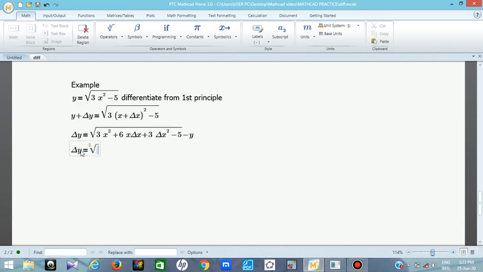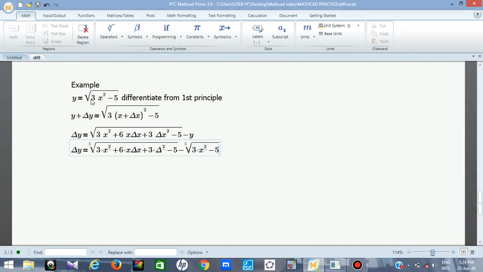In our next step, delta y will be equal to the square root. Then we need to put the value of y, which is given in the question. We need to substitute this value into this place. So we are going to have the square root of 3x squared plus 6x delta x plus 3 delta x squared, minus 5, then minus the square root of y, replacing the value of y, which is 3x squared minus 5.